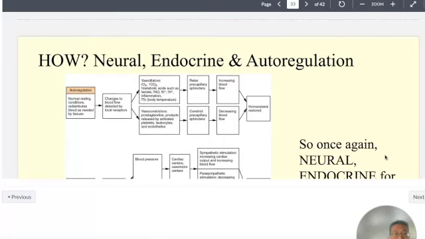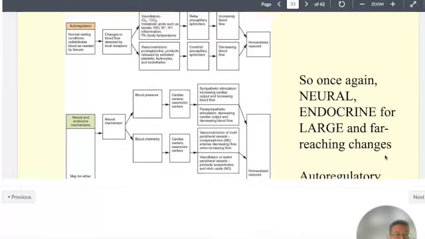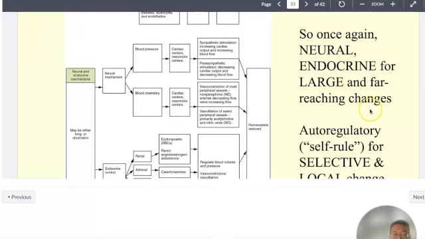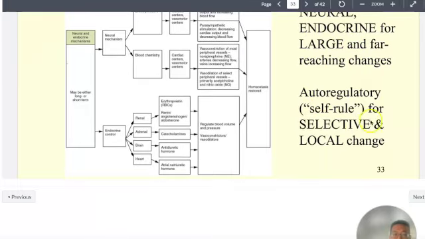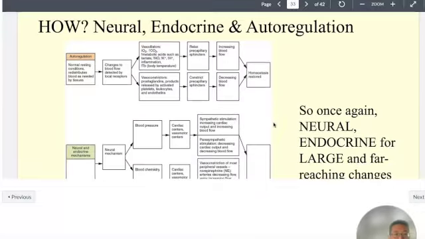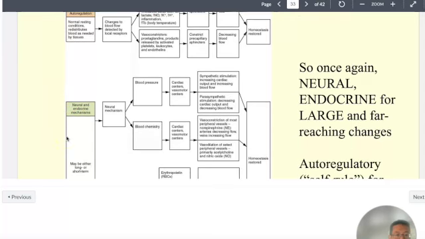One is neuronal. Once again, neuroendocrine is for large and far-reaching changes, and autoregulation is for local changes. Here is a neuronal way. Ultimately, it will reach homeostasis.